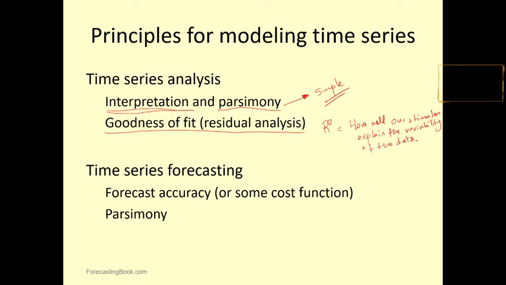So that is what we are going to do. This is the time series analysis, and time series forecasting is a little bit different, because what we are going to do is look at forecast accuracy, or some cost function. And we are also going to use the concept of parsimony here in order to get the best specification.